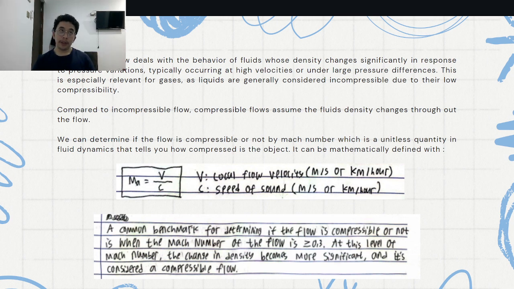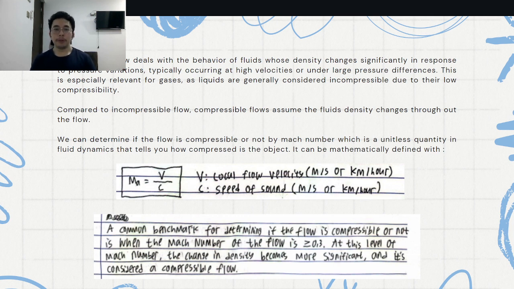In our earlier lessons on incompressible flow, the fluid density never changes. In mechanical fluids we usually dealt with fluids like water, liquids. Those are incompressible flow. But in this part, we will deal with gases, where the density varies at each point.